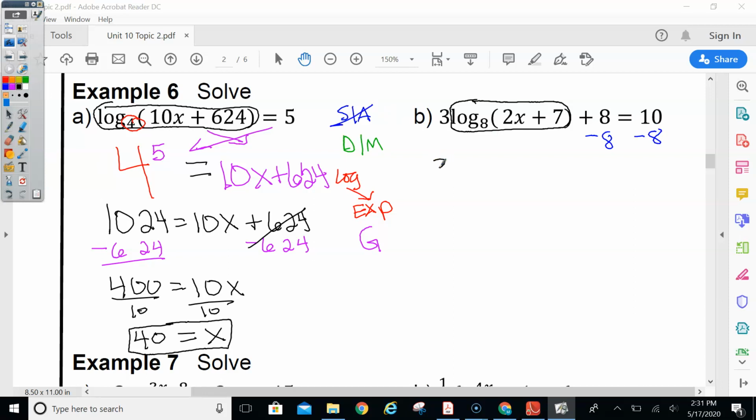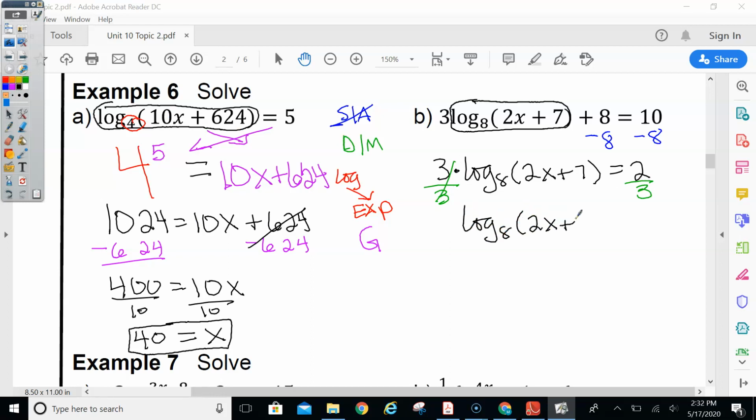I go ahead and separate these by putting a little times sign there. That way you know that they're not together. So equals 2. So now we want to get rid of that number in the front by dividing both sides by 3. So log base 8 of 2x plus 7 equals 2/3.